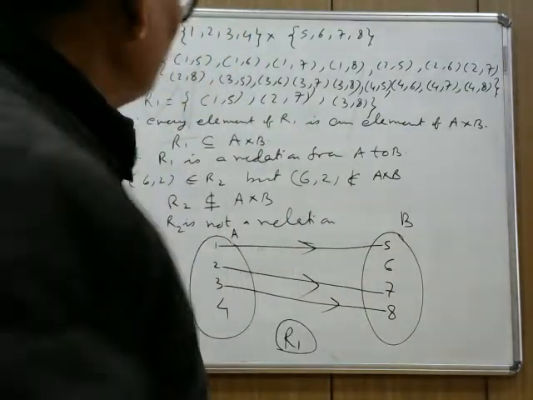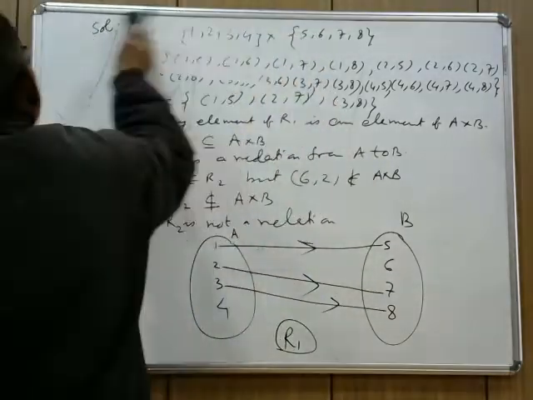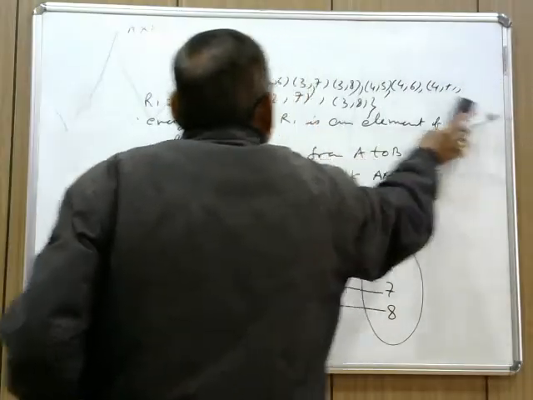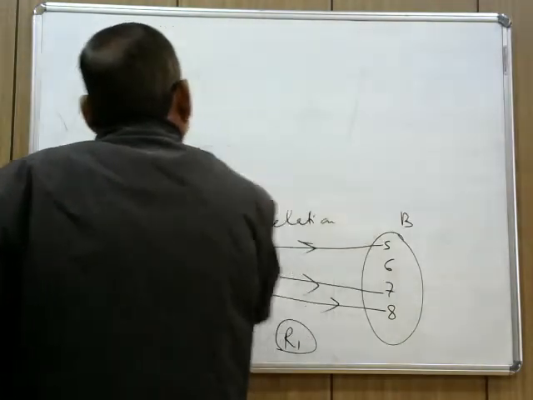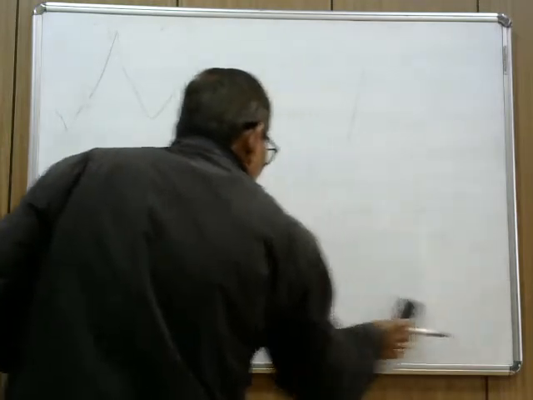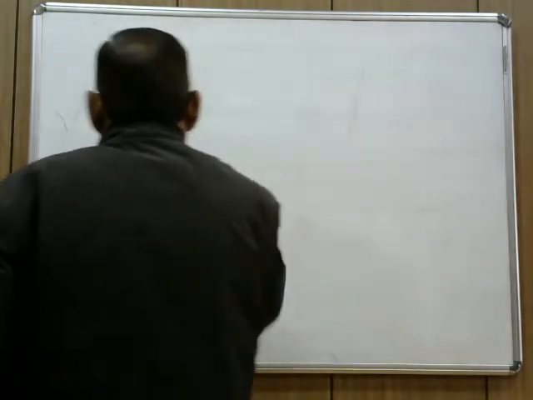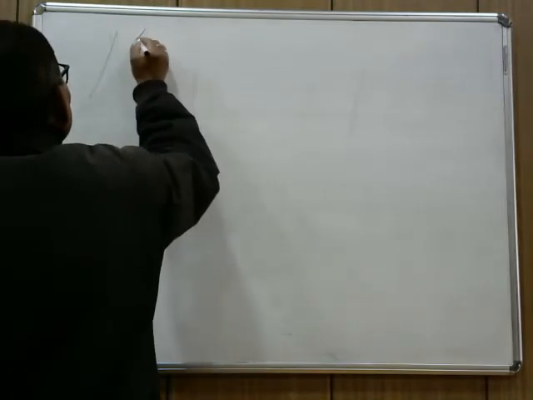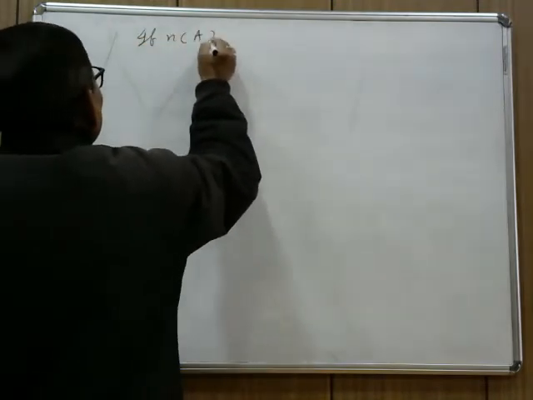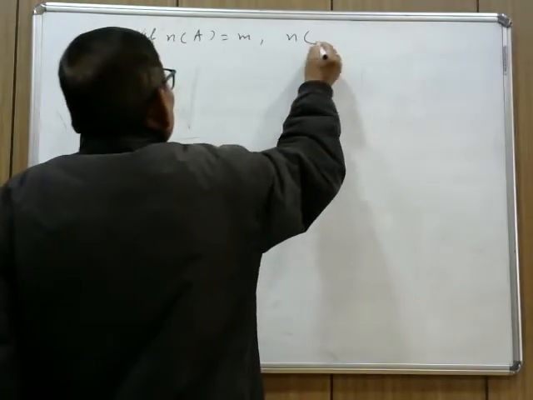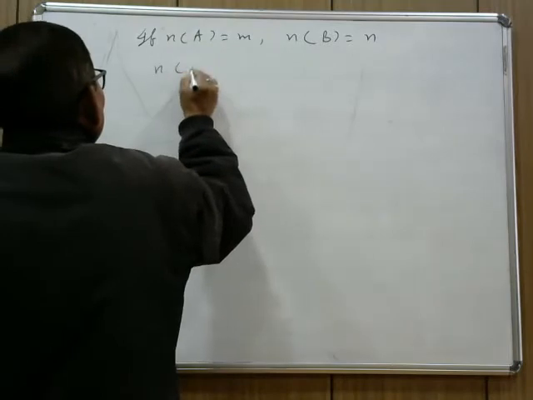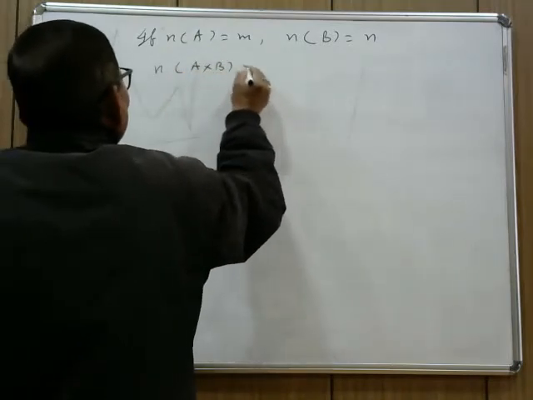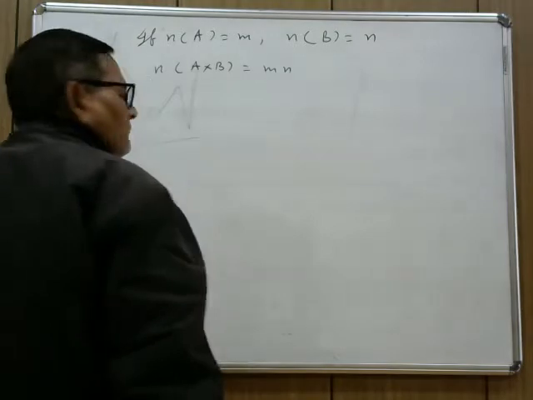Now my objective is to find the number of relations from set A to set B. If the number of elements in A is m and the number of elements in B is n, then the number of elements in A cross B, according to the formula, is mn.